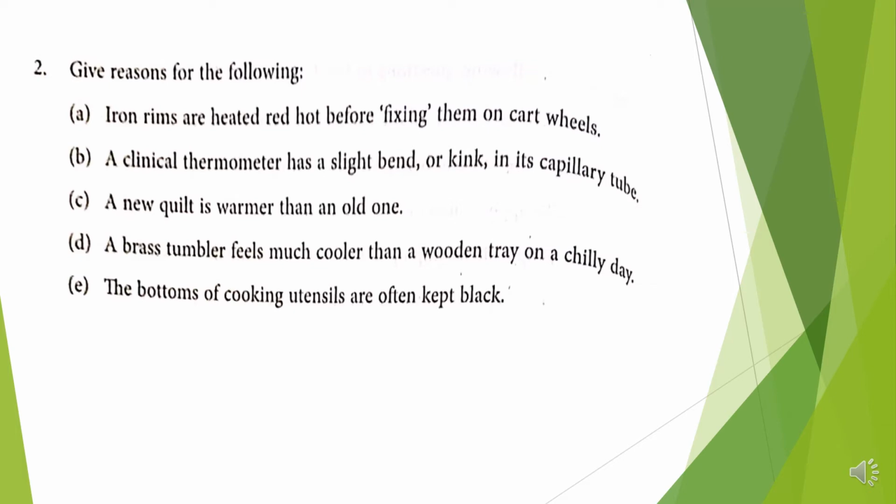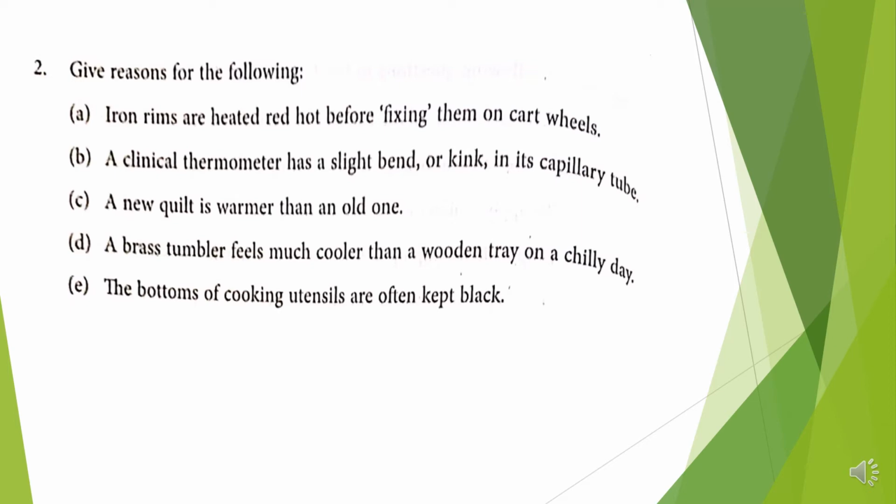Question number 2, we will be discussing it afterwards. So the questions are: A. Iron rims are heated red hot before fixing them on cart wheels. B. A clinical thermometer has a slight bend or kink in its capillary tube.